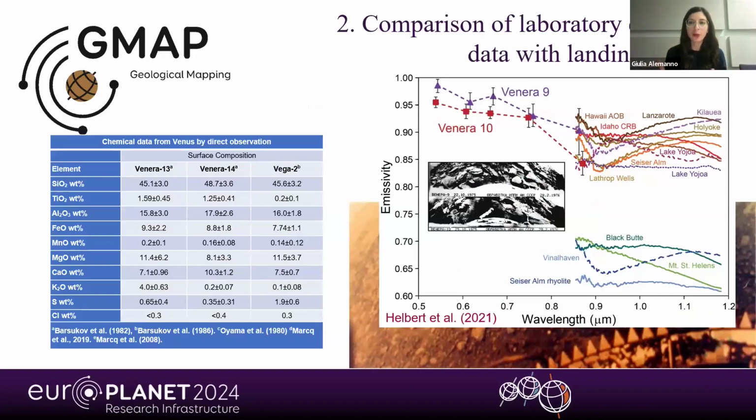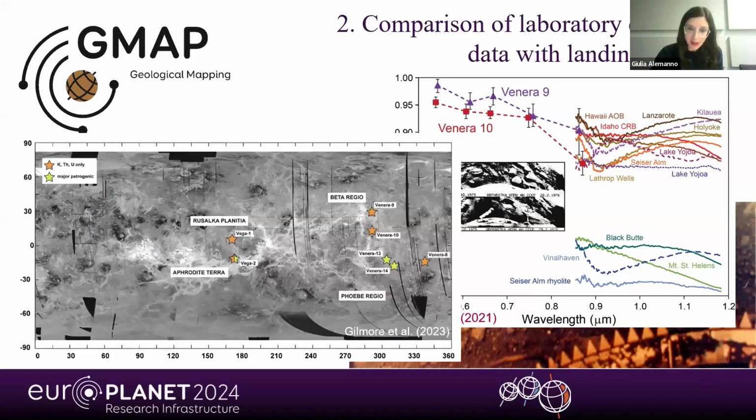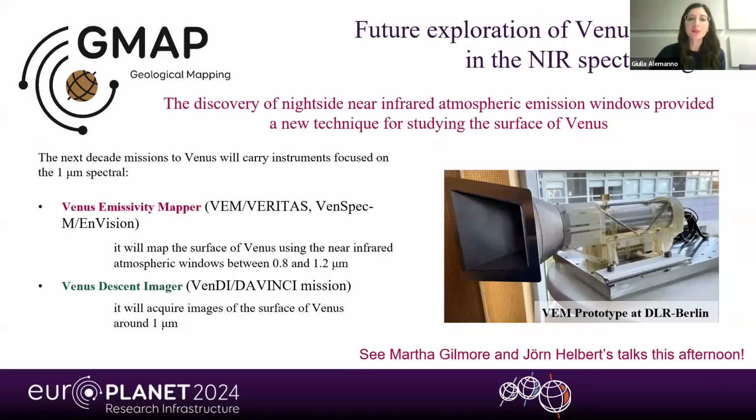So in the end, if we combine laboratory data, ground-based lander data, and the VIRTIS orbital data, we can interpret the Venus surface composition in this limited 1 micron spectral region. Here you have a map where you can see the location of the Venera 9 and Venera 10 landing sites compared to the landing sites of the other landers.